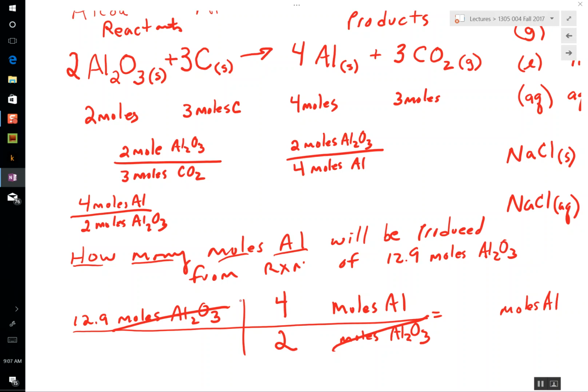And so what I find there is that 12.9 moles of aluminum oxide is going to produce 25.8 moles of aluminum. 12.9 moles of aluminum oxide will produce 25.8 moles of aluminum metal.